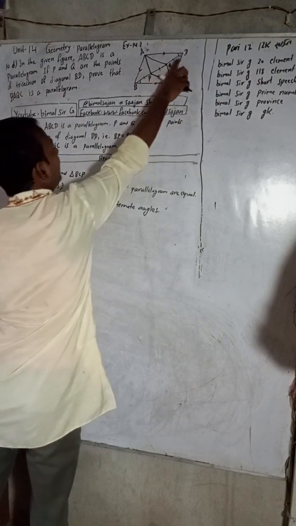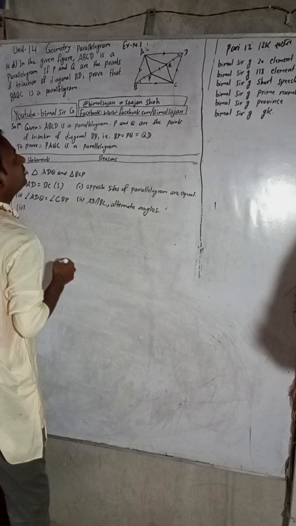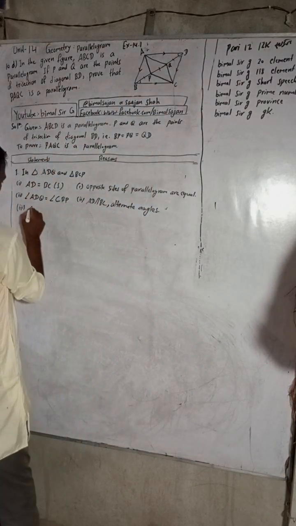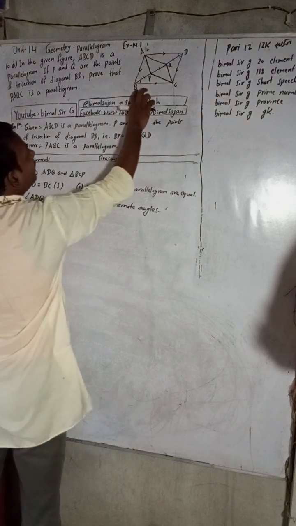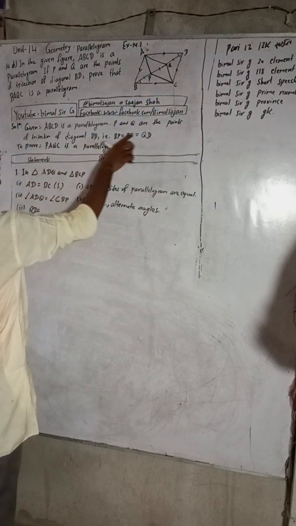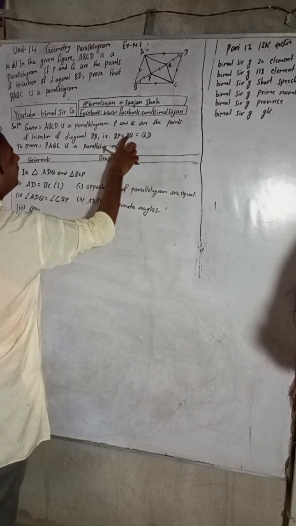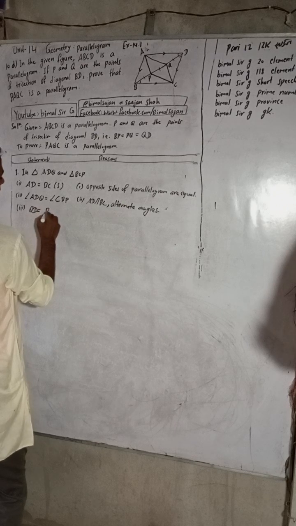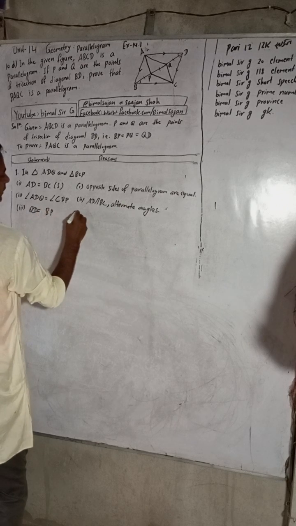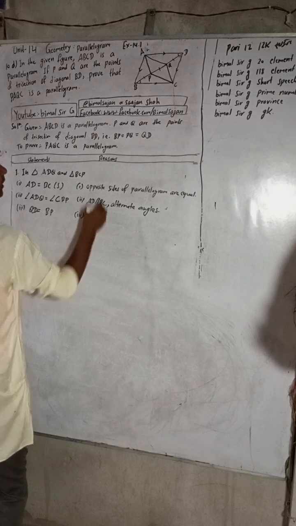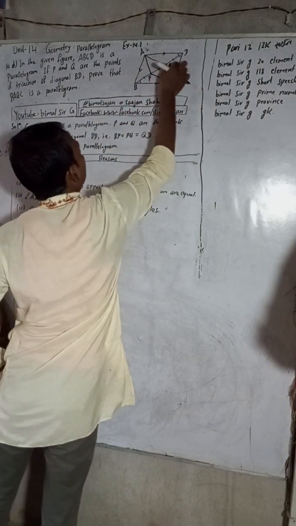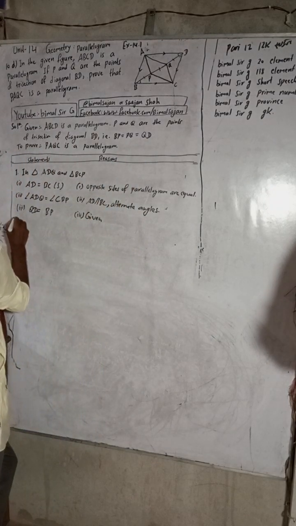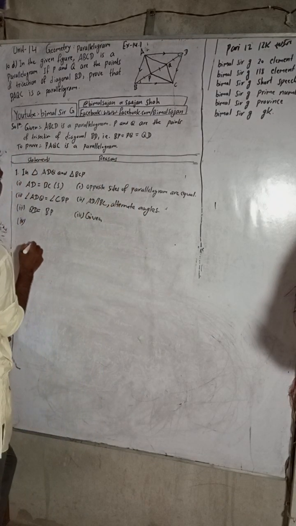So we have taken side, angle. Now this side: we first took ADQ, so take this side. QD is equal to BP. What is the reason? Given. So now we can write given.